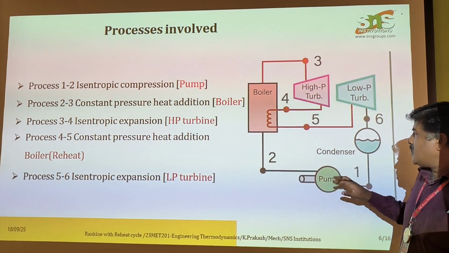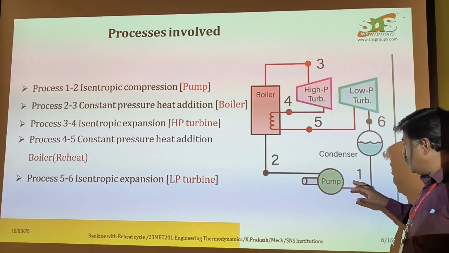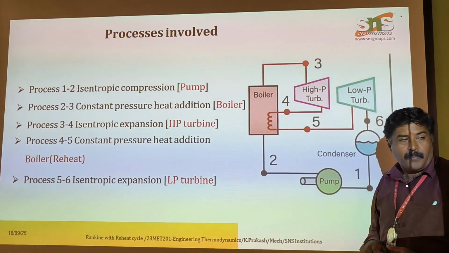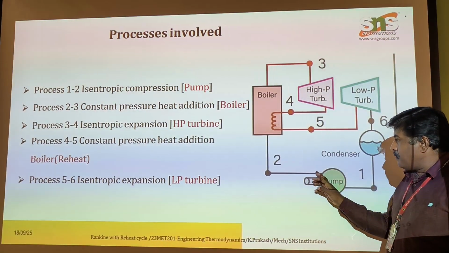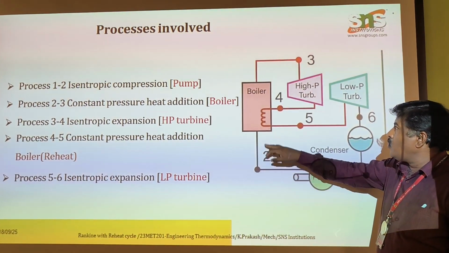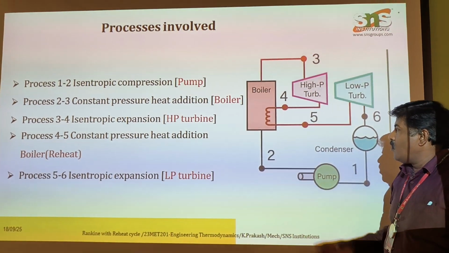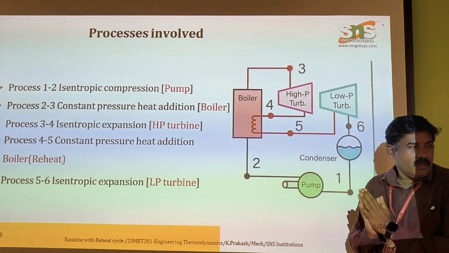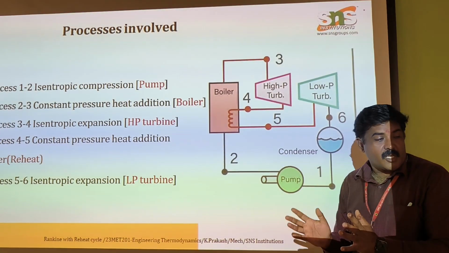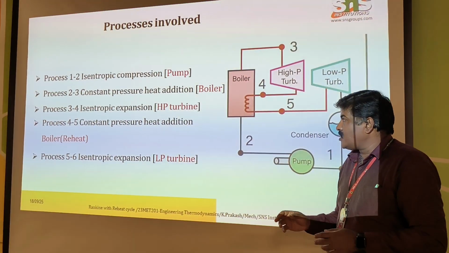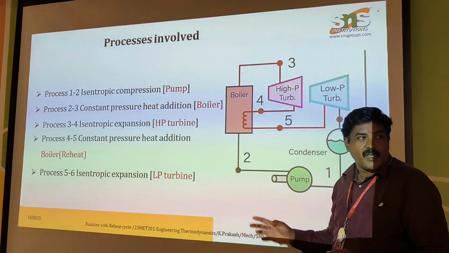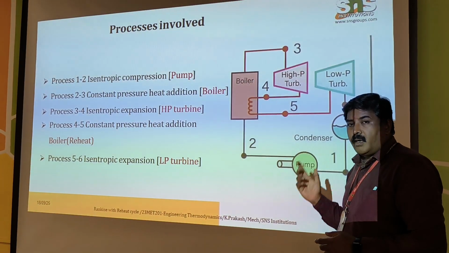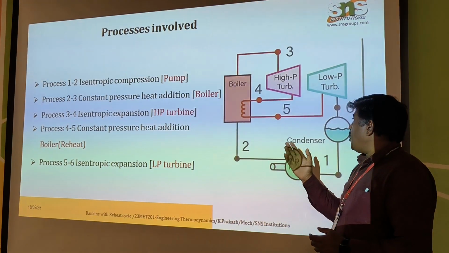Now the process: 1 to 2 is an isentropic process, where water is pumped. Then 2 to 3, we are heating the water at constant pressure. Next, when it comes to the turbine, first there is a high pressure turbine and then a low pressure turbine.